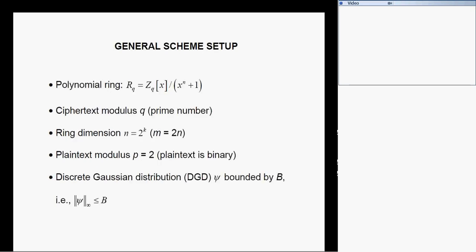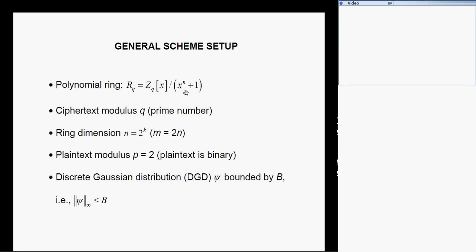So before we discuss the scheme itself, let's introduce the parameters and what kind of polynomials we're dealing with in this case. I'm going to look at the case of polynomial rings where the cyclotomic polynomials correspond to the case of 2 to the power of n.